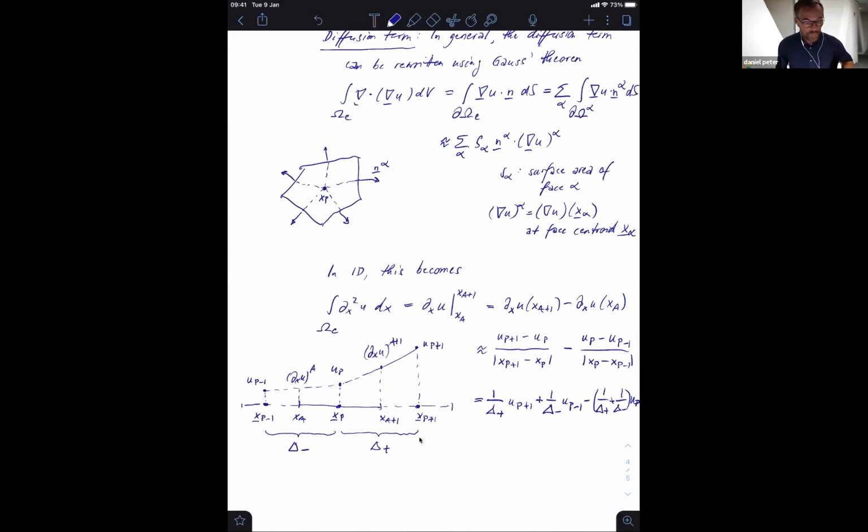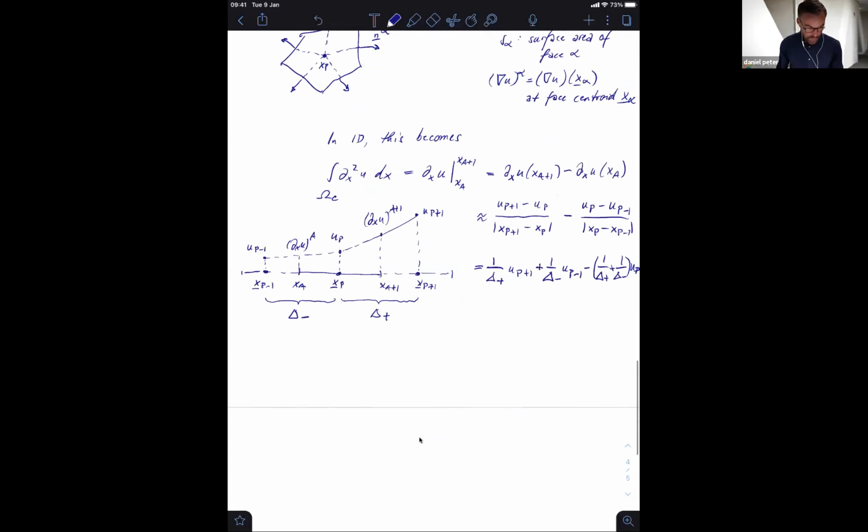So what we are aiming for is a matrix form, where we would have a matrix, let's say K, times our unknowns, the degrees of freedom D vector, is equal to the right-hand side F.